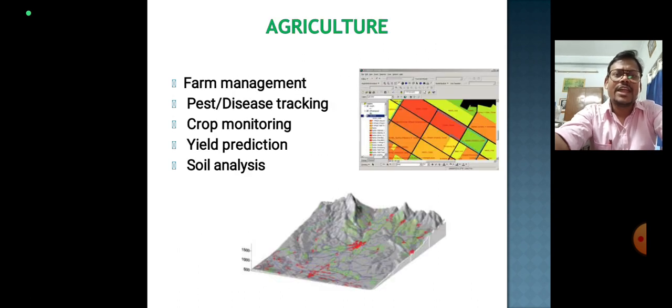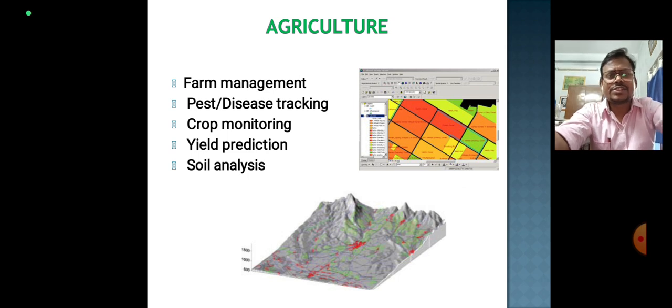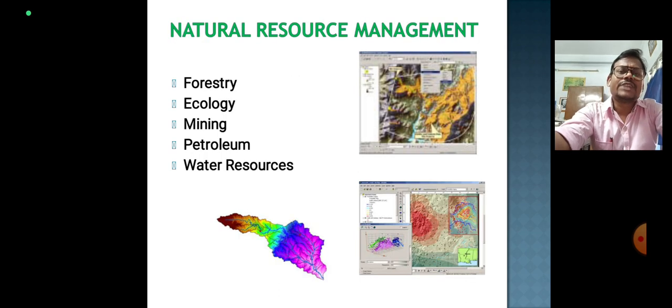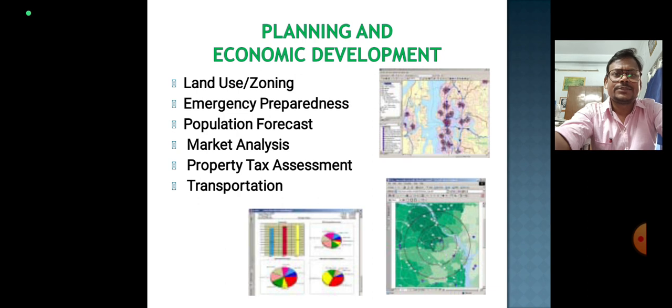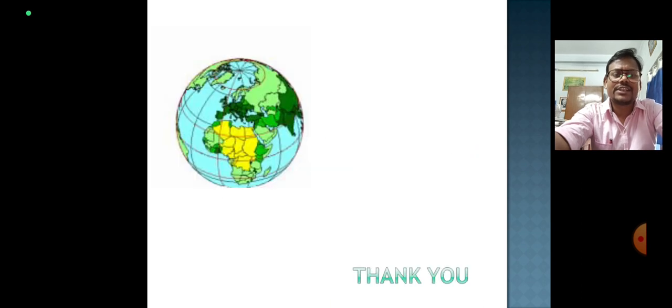In agriculture: farm management, pest tracking, crop monitoring, yield prediction, soil analysis. Natural resource management: forestry, ecology, mining, petroleum, water resources. Planning and economic development: land use, zoning, emergency preparedness, population forecasting, market analysis, property tax assessment, transportation, etc.